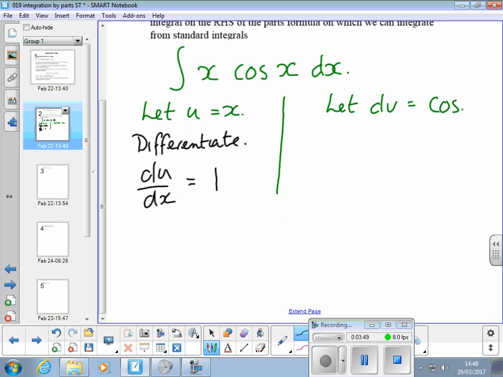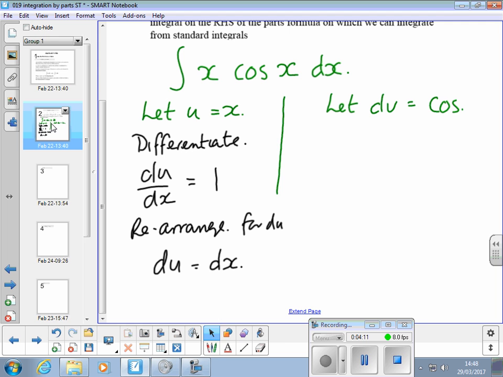And then we rearrange to du is equal to dx. It's on the left-hand u side. Over this side, we integrate to find v.